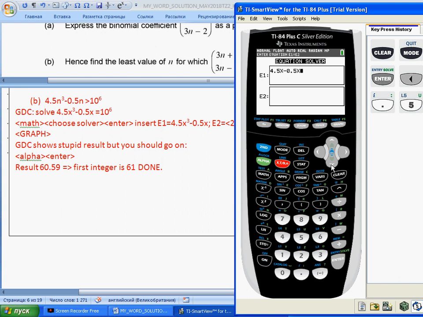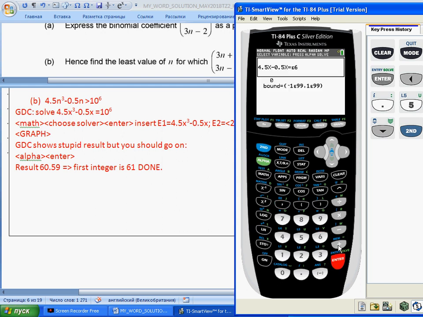I think this is enough, and the right part, for example, should be 10 to the 6th. How do I do 10 to the 6th? I press second and comma. It showed me 10 to the, here I should insert 6. I finished, so I press enter.